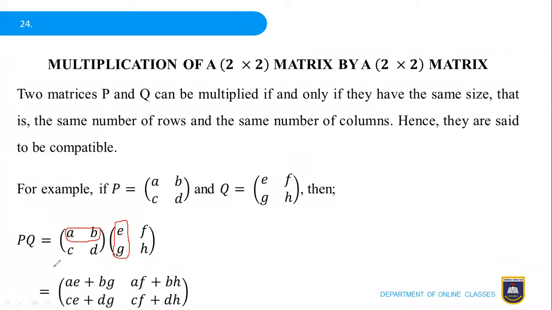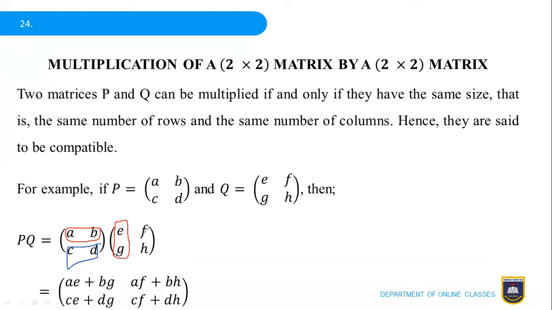Let's go to the second row. The second row we have there is CD. So if you have CD, this is also going to multiply the first column and the second column in the second matrix.